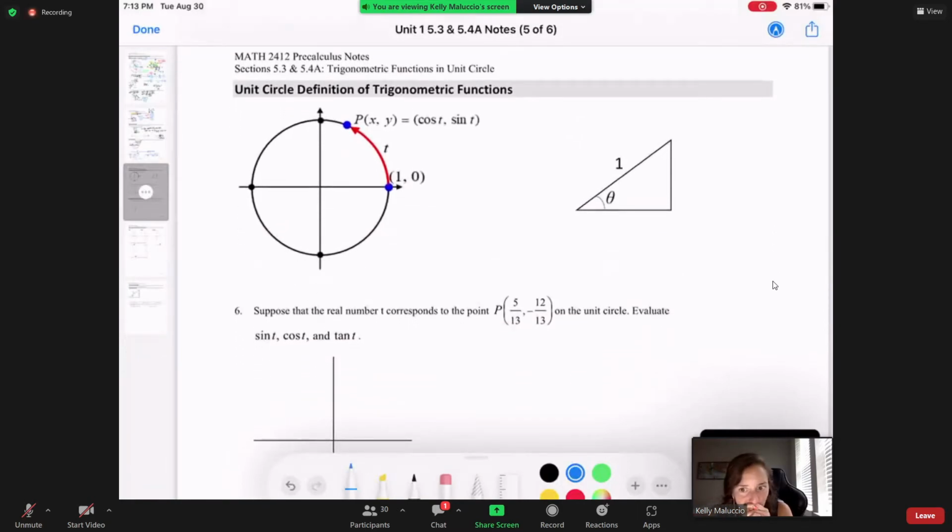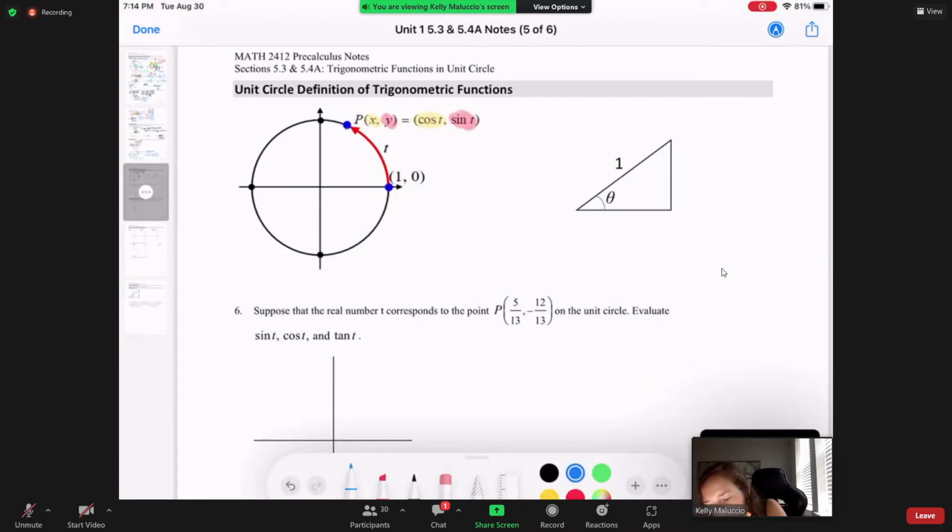Okay. So here, this P right here is a point. That's just what P is. And then we know the X coordinate matches cosine of my arc length, or my theta, which in this case we're calling T. Then my Y matches sine of T. So every time I've been referencing this, that's what I've been talking about.